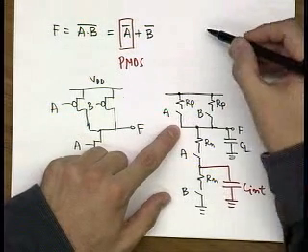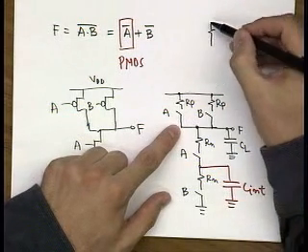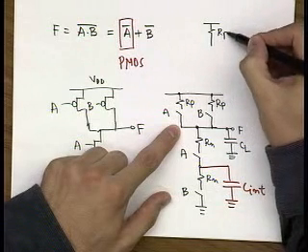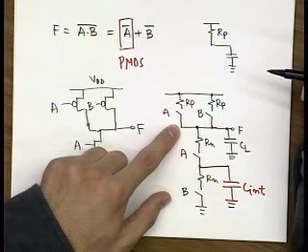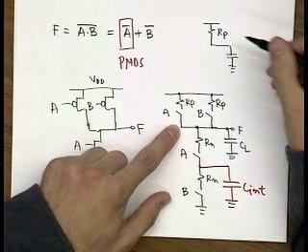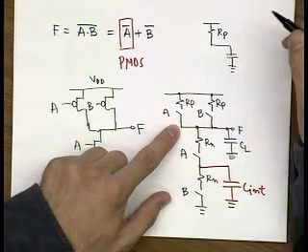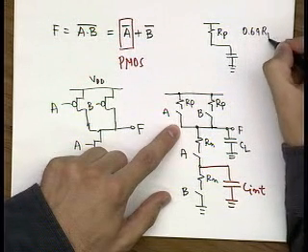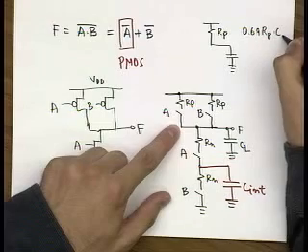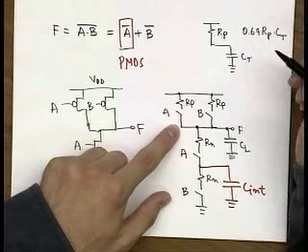This PMOS is turned on, then your equivalent pull-up network is simply Rp charging the load capacitance, and your propagation delay is equal to 0.69 Rp times C total at the output.